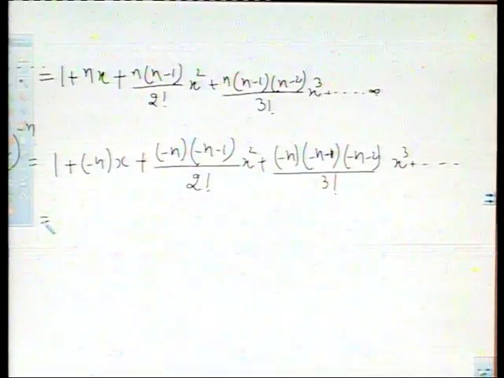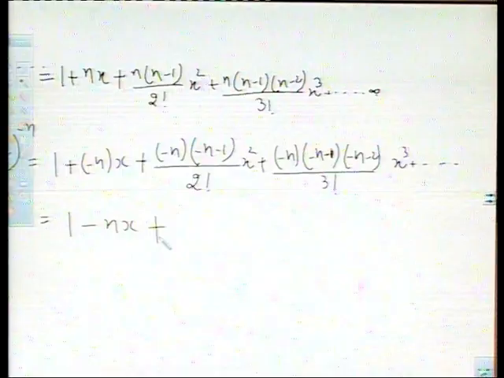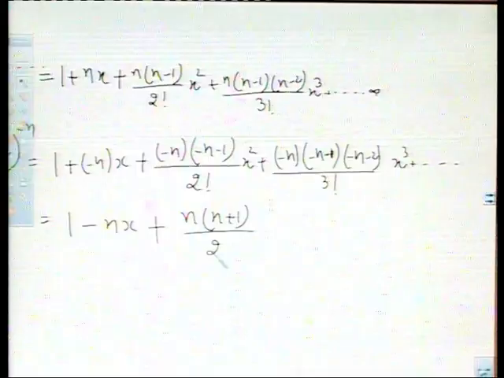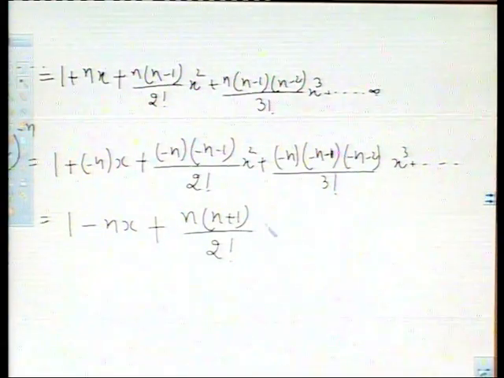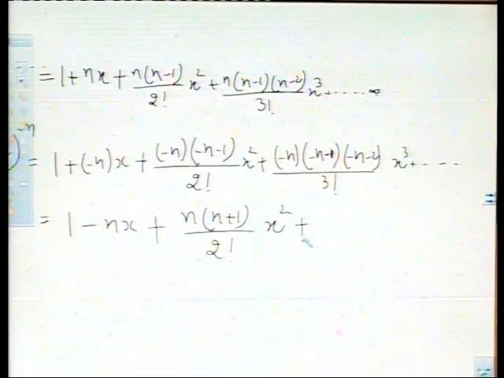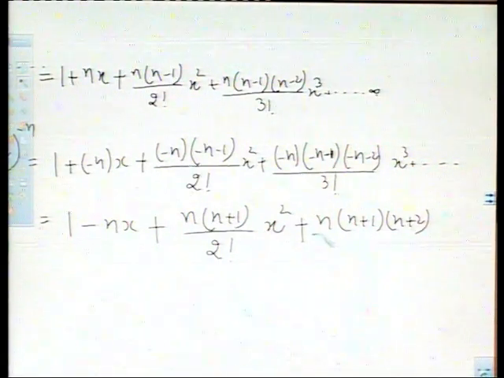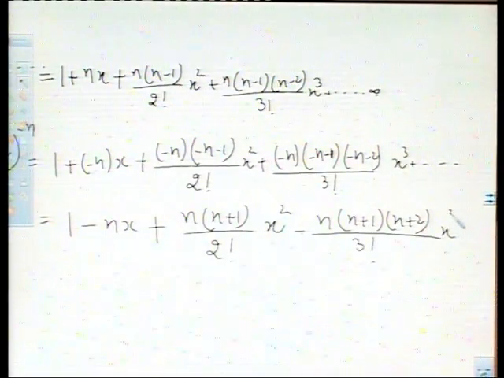And here it will be equal to 1 minus nx plus, taking minus common, n(n plus 1) upon 2 factorial x square plus n(n plus 1)(n plus 2), but we have minus, so it will become minus here upon 3 factorial x cube, to infinity.